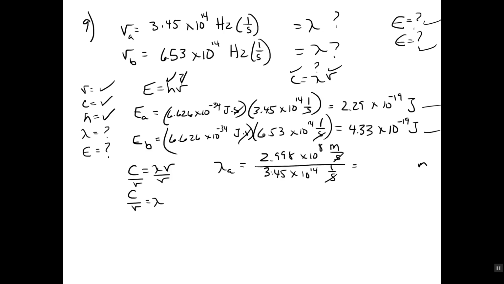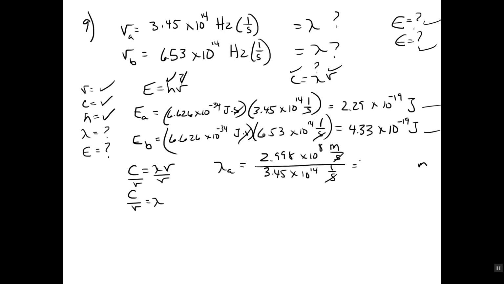No, they goofed. They used a different value in the book. Okay, so we'll have to fix that. We'll just go ahead and punch it out manually. So 2.998 times 10 to the 8th divided by 3.45, because that's what they said the frequency was for A, right? Yeah, hertz. Times 10 to the 14th.